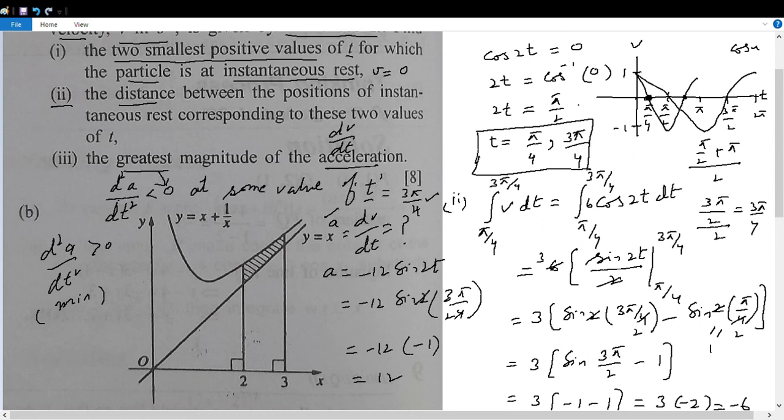So 12 is the greatest magnitude of the acceleration, 12 meters per second square. This is the answer of the question. So this was part number 1.